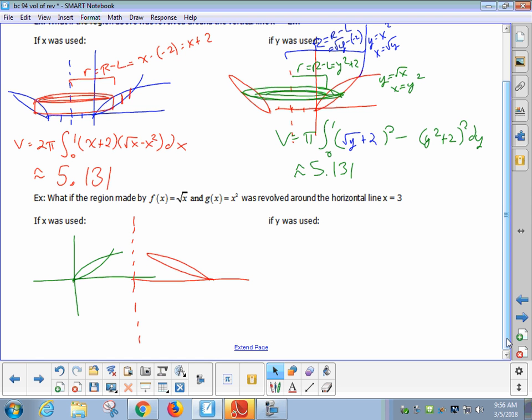What's your radius? Negatives are bad. If you set x equals 3, that's the opposite.